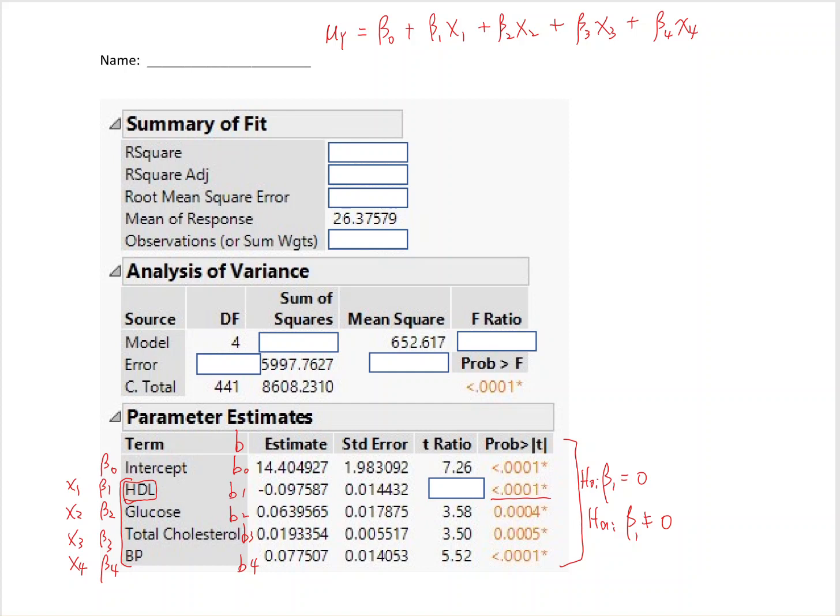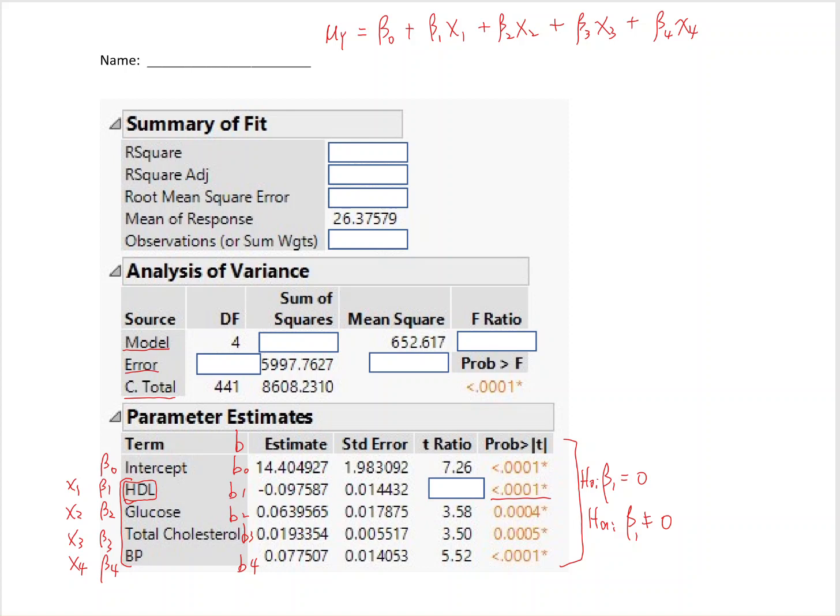We are done with this table. Let's go up to the next one, the ANOVA table, the analysis of variance table. We have 3 rows: the model, the error, and the total.